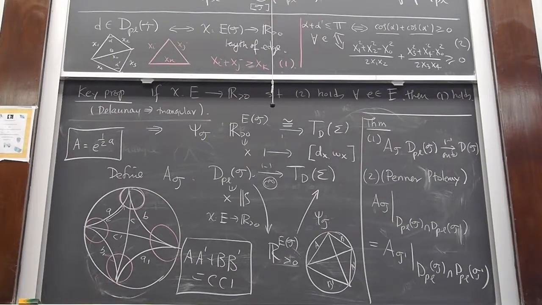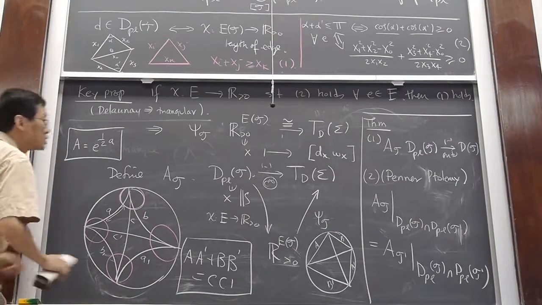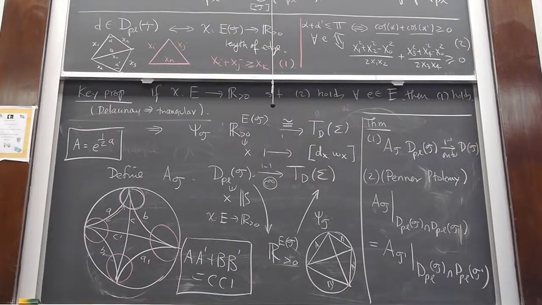So to summarize, let me just tell you the conclusion. The conclusion is that this map is a C1 diffeomorphism. It's not C2. So we are really doing discrete conformality.